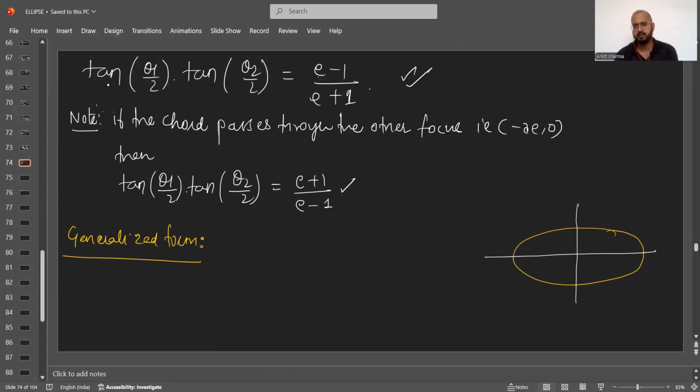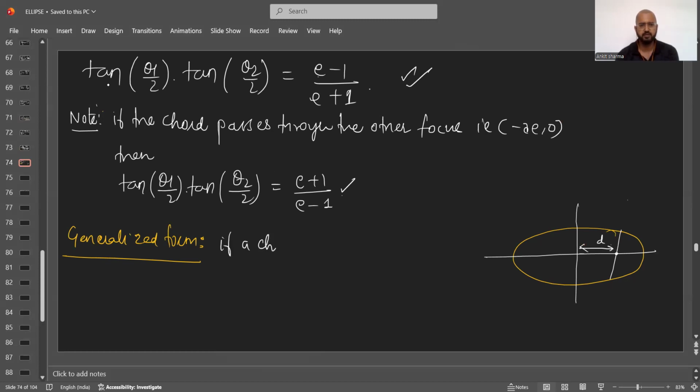This chord is not necessarily passing through the focus, because we have proved the result for that case. Now it just cuts the major axis at a distance of d. Then we can directly prove that.